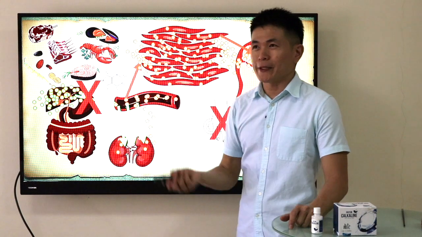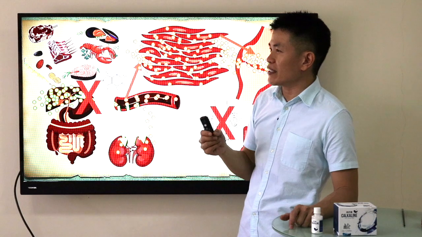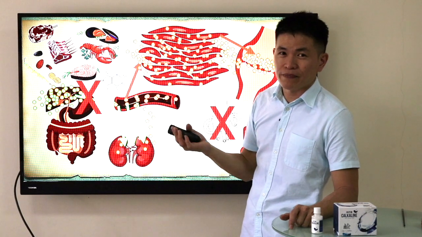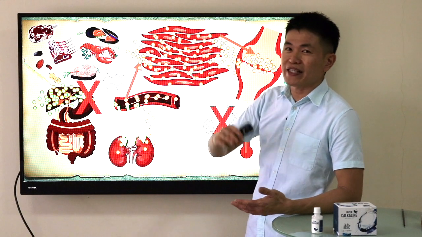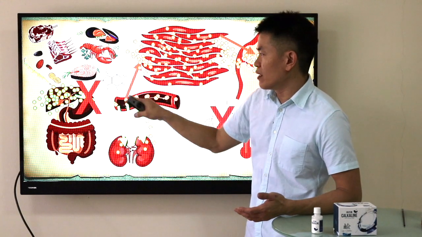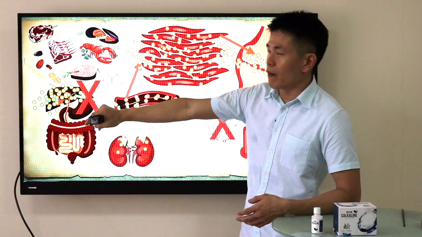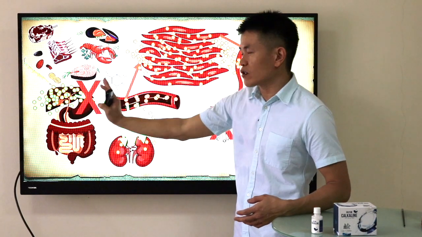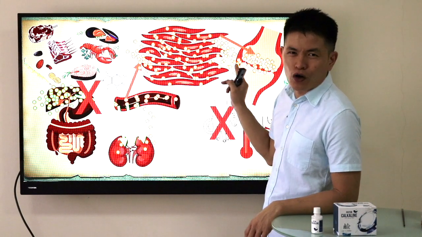But you are taking allopurinol, which is a xanthine oxidase inhibitor. Xanthine oxidase is an enzyme that breaks down the purine into uric acid. By blocking it, you stop the breaking down. But there's a build-up of purine here. That is what we call upstream. This is downstream. But this is what I call the crime scene.